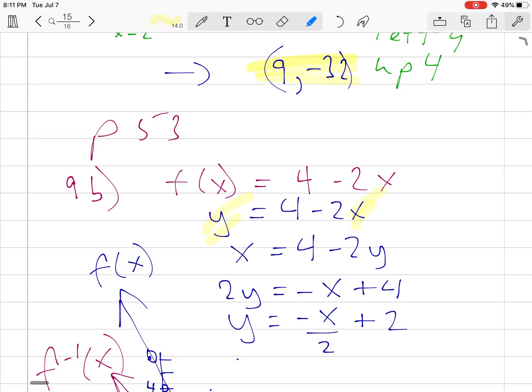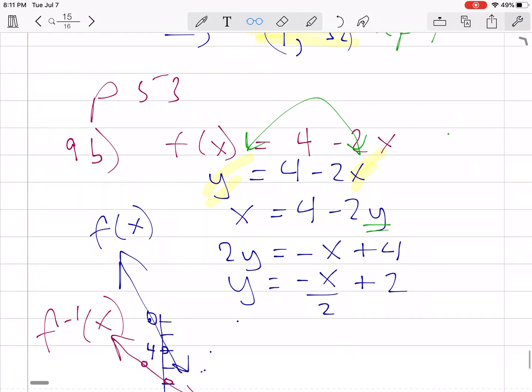Switch those two first, and then isolate y. So you get y equals negative x over 2 plus 2. You can write it that way, or you can write it as y equals 1/2 negative x plus 4. That's the same thing.